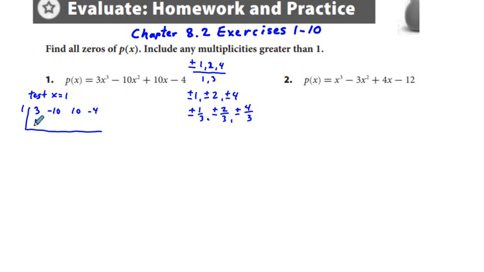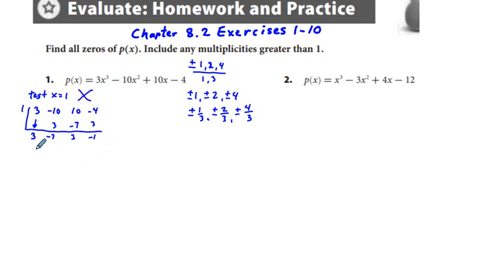Then we bring down this 3. 1 times 3 is 3, negative 10 plus 3 is negative 7, 1 times negative 7 is negative 7, and then 10 minus 7 is 3, 1 times 3 is 3, so we get negative 1. We have a remainder that's not 0, so that's not a zero.